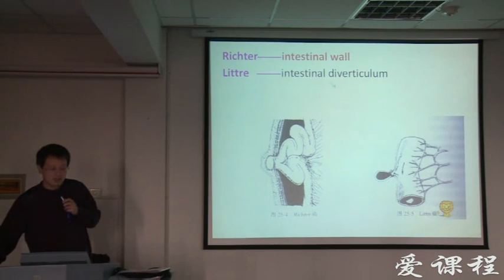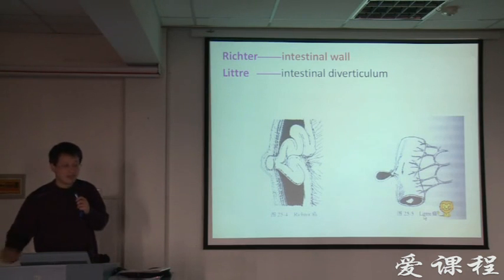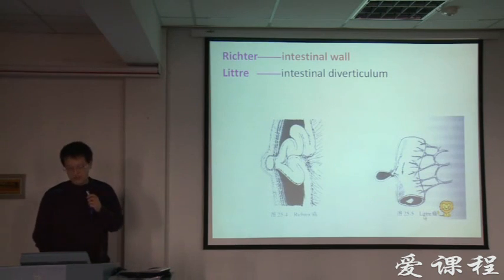What is Littre's hernia? Do you know the intestinal diverticulum? When a diverticulum in the intestine goes out as the contents of the hernia, we call this Littre's hernia. So these are two special kinds of hernia you must remember.